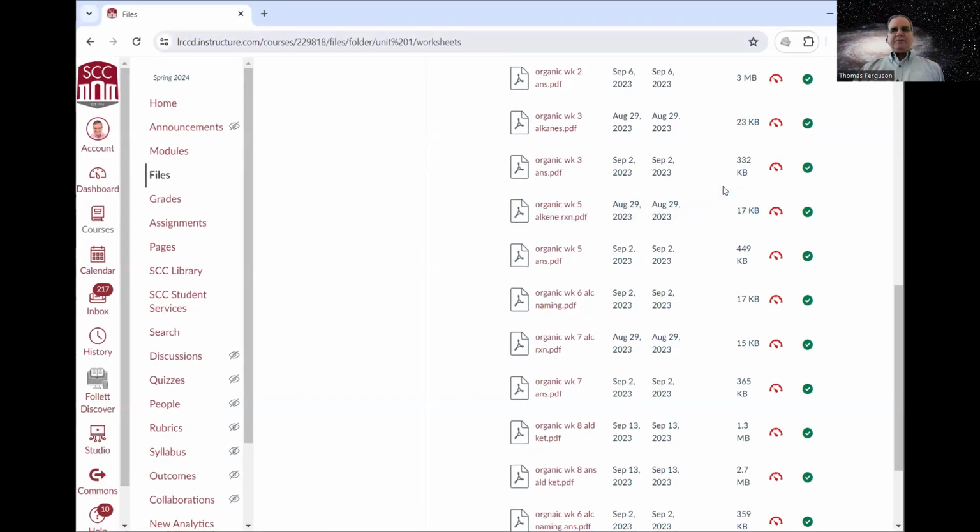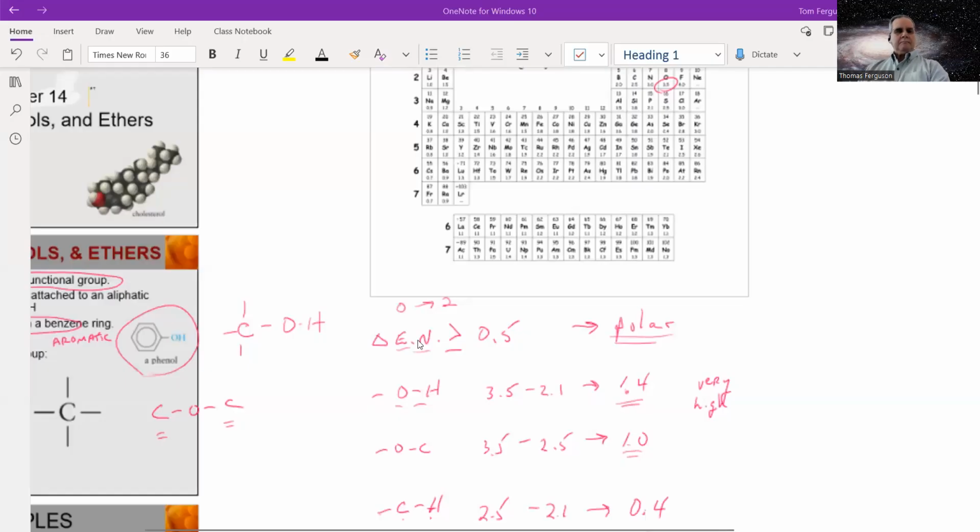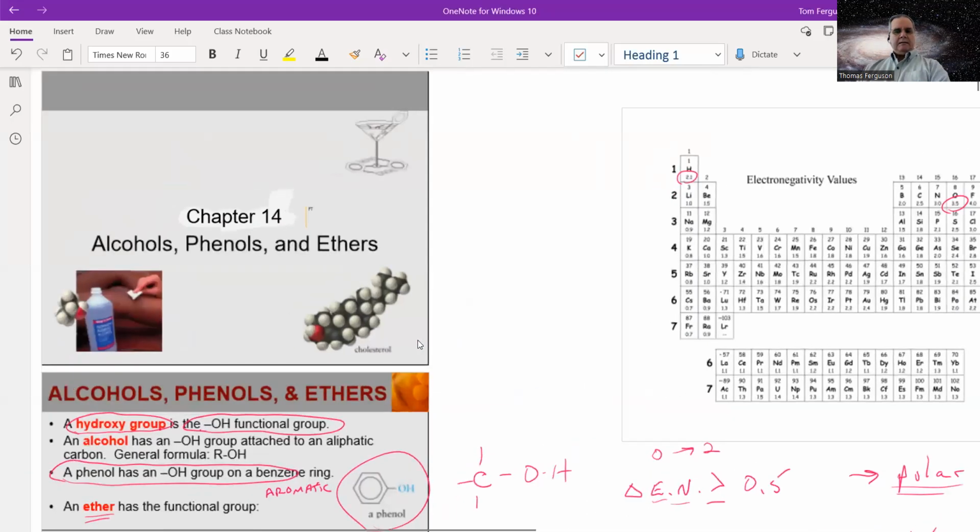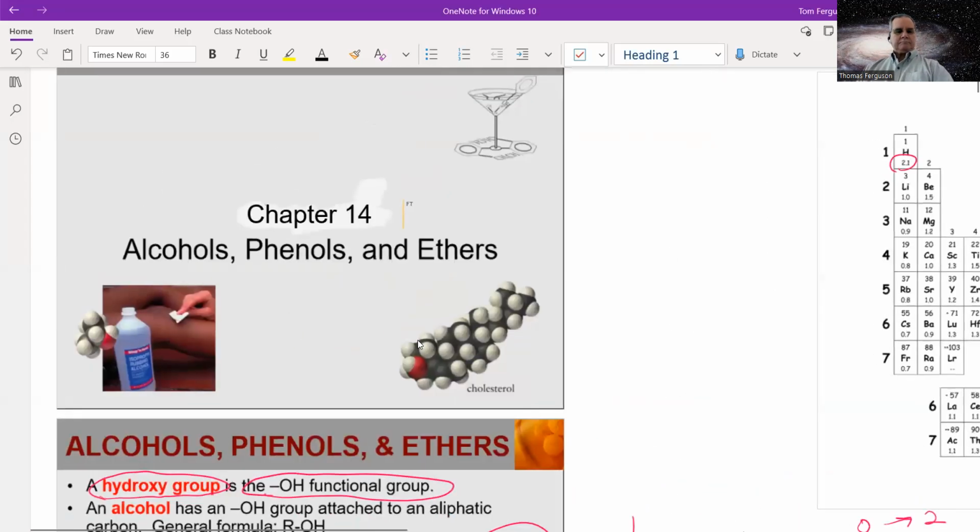Okay. So let's jump into alcohols now. The thing about alcohols, they're very, very different than alkanes and alkenes in terms of their polarity.